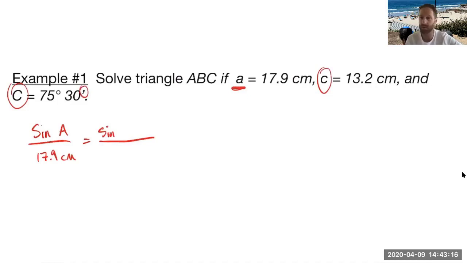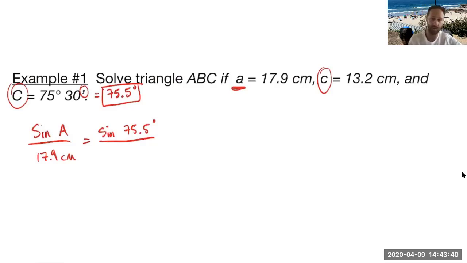Remember how many minutes were in 1 degree? Hopefully you said 60, because if I have 30, then that means I have half. And so this is equivalent to writing 75.5 degrees. So I will write that here rather than using the 30 minutes and having to change my calculator to DMS, degrees, minutes, seconds.